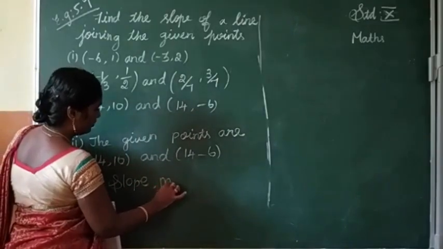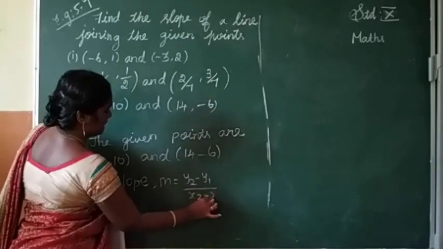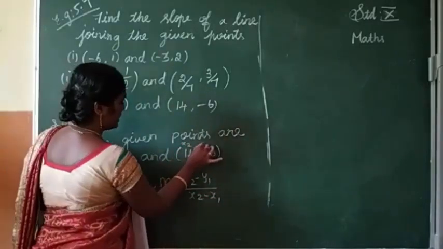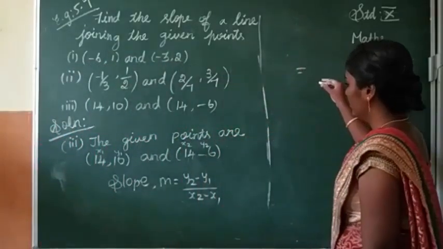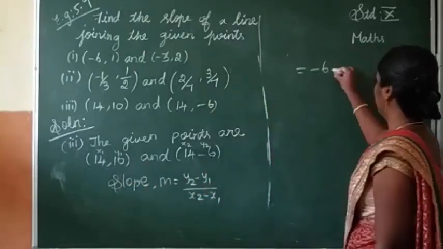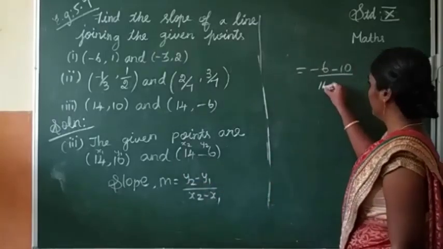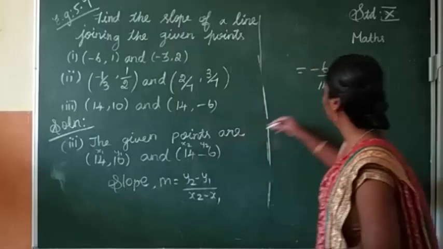Slope formula for 2 points is y2 minus y1 divided by x2 minus x1. So take this is x1 y1, this is x2 y2. Now substitute the values. Y2 value is minus 6, then minus y1 value 10, divided by x2 value 14, minus x1. What is the x1 value? 14.